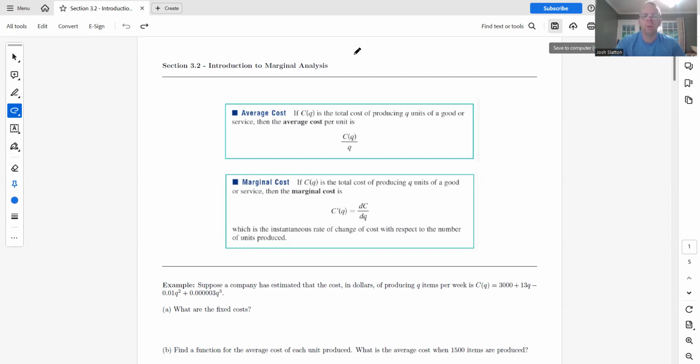So if you are asked to find something marginal, you have to take the derivative, which most problems from here on out we're going to be doing anyway. The marginal cost is basically just the derivative of the cost function.